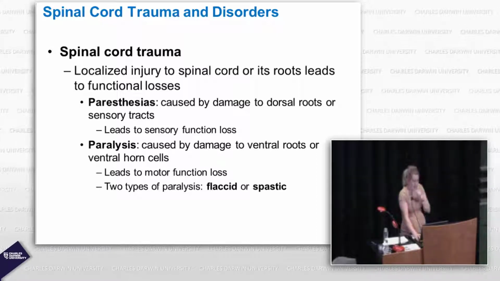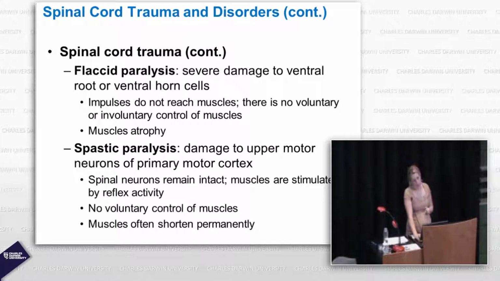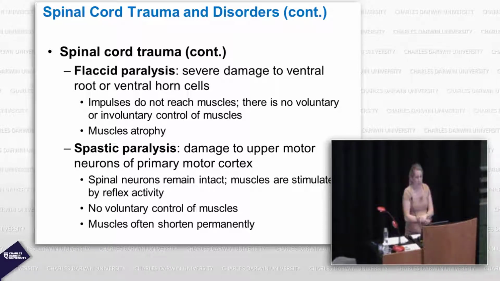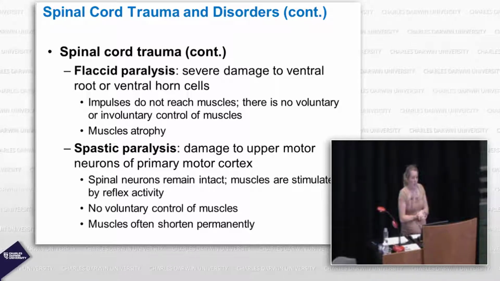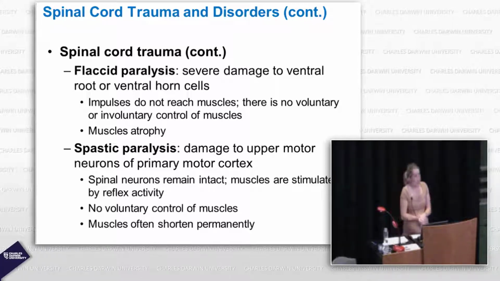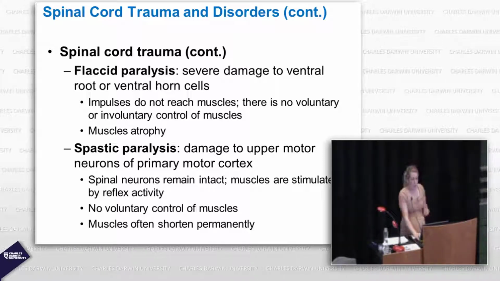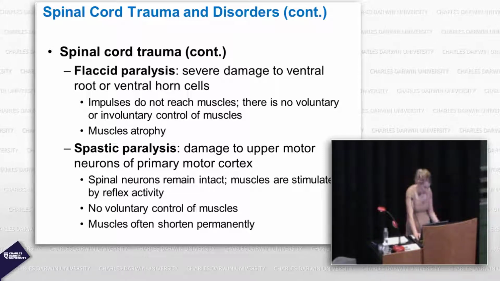Flaccid, like it sounds, means there is no voluntary control of muscles, and there's also no involuntary control. So basically, there's no movement whatsoever in flaccid paralysis. Eventually, you'll have muscular atrophy resulting from this.